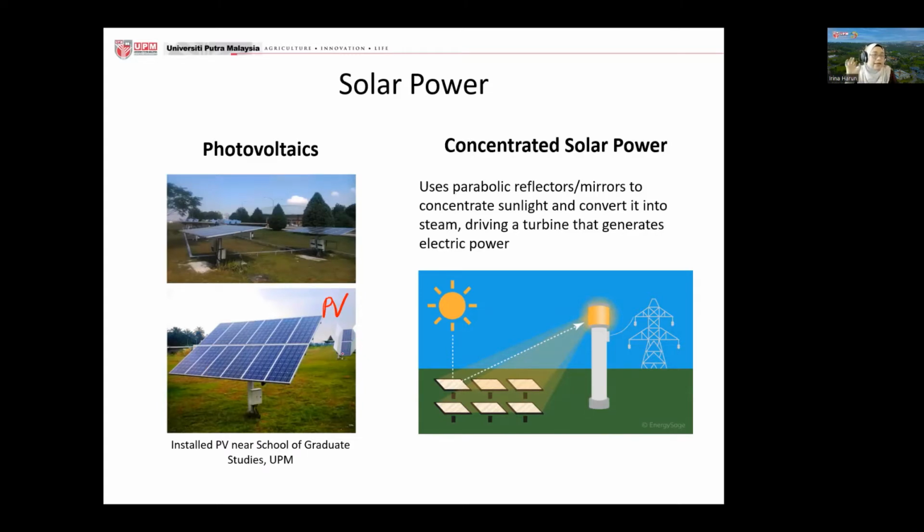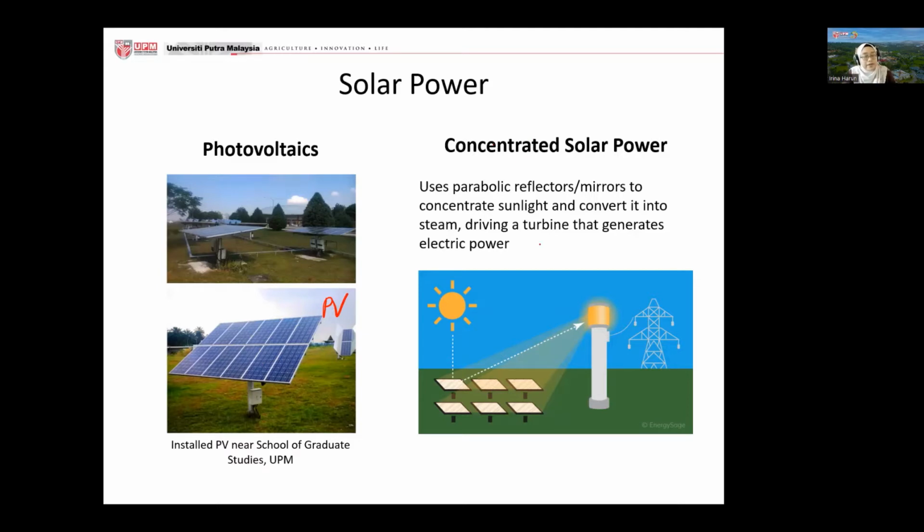You set it up, and then the sunlight hits it, and the reactions happening inside the solar cell will convert the solar power from the sun into electricity. Whereas for concentrated solar power, it's almost similar.